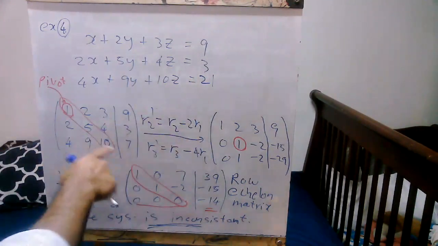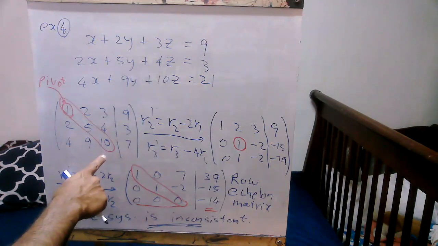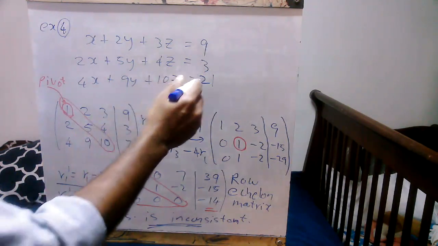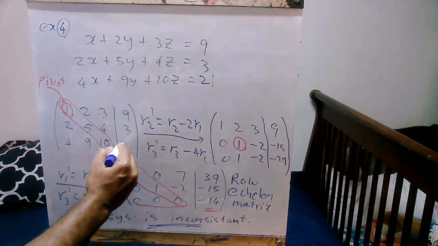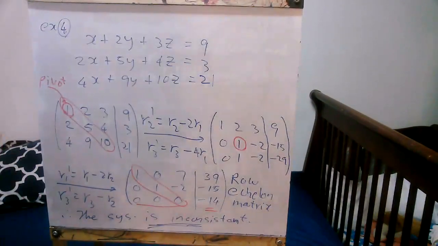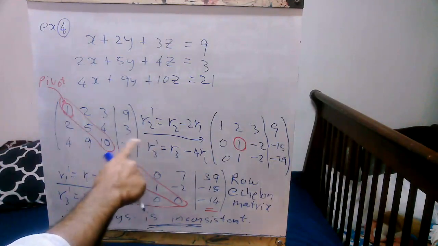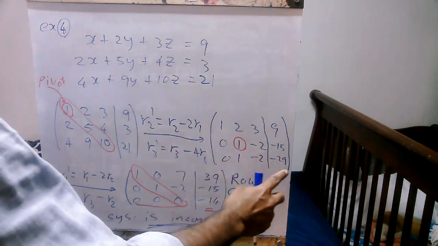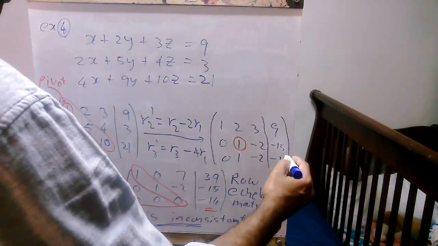So we have to change this accordingly. This is 21, therefore this is 21. Minus 4R1, this wouldn't change. Then this would be changed to negative 15.